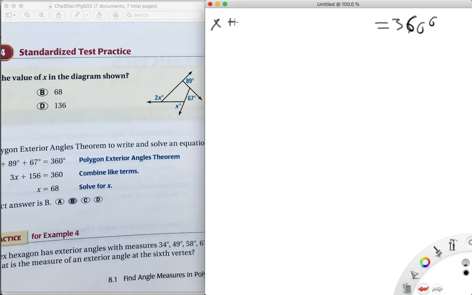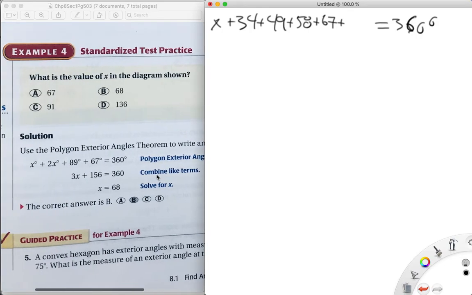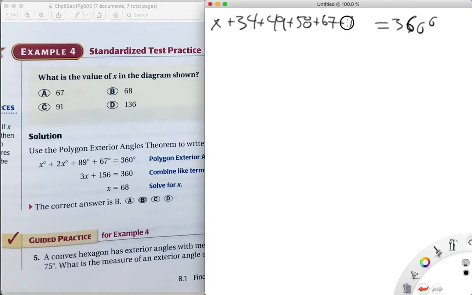They give me the five, so 34 plus 49 plus 58 plus 67 and 75.